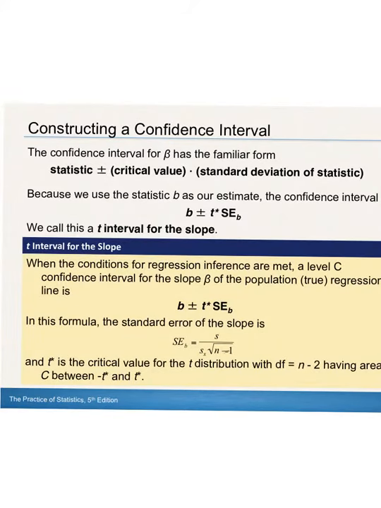If we're running a confidence interval and trying to decide the margin of error for the possible slope of the true population regression, it's the same form we've always been using: the statistic plus or minus a critical value times the standard deviation. In our case, our statistic is the sample slope. We're going to use a t-star based on the percent confidence we want, and our standard deviation is going to be the standard error of b.